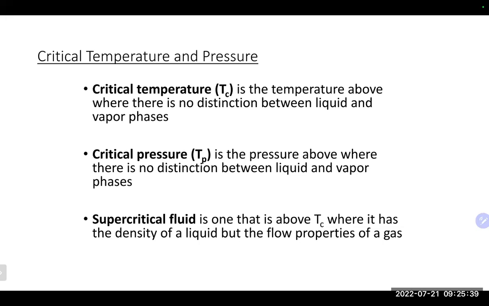So there's a temperature pressure part where that occurs. The critical pressure also occurs at that point, where there's again no distinction between that liquid and vapor pressure. Those 2 points are sometimes referred to as the critical point, where the temperature and pressure basically allow the liquid and vapor to flow together.